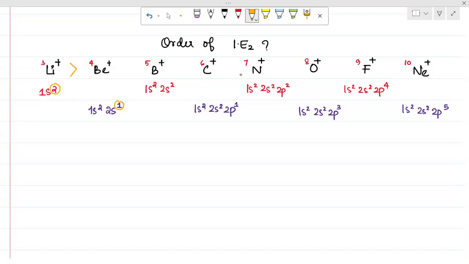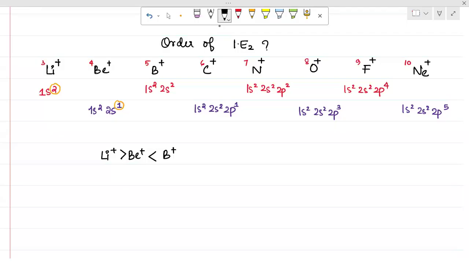So lithium plus is greater than beryllium plus. Next is boron plus. If you compare beryllium and boron, we can see that this is 2s1 and this is 2s2. 2s2 means it is fully filled and this is half filled. So of course, fully filled will be given more priority than half filled.